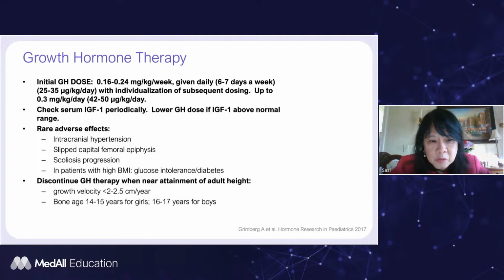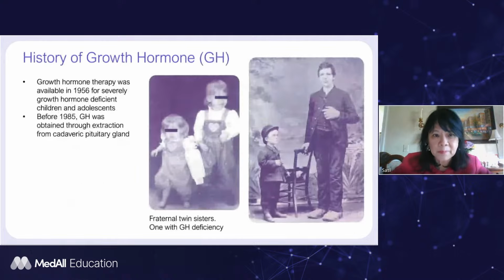And the duration of growth hormone therapy: we treat until the epiphyses are near closure, and we can tell when the growth velocity is less than 2 to 2.5 centimeters per year, or bone age is close to 15 years for girls or 17 years for boys.